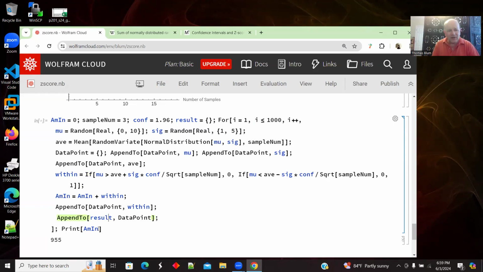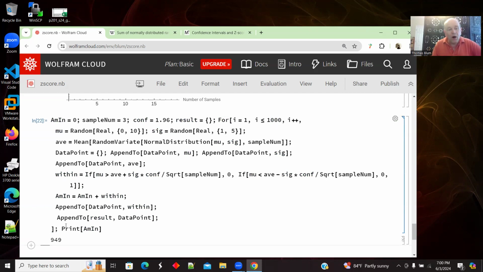But what I am printing out in the end is this m in. And again, I had 1,000, and I'm looking for 196. That's supposed to be 95% confidence. So I'm looking for this to be in the ballpark of 950. So 957. Let's do it again.